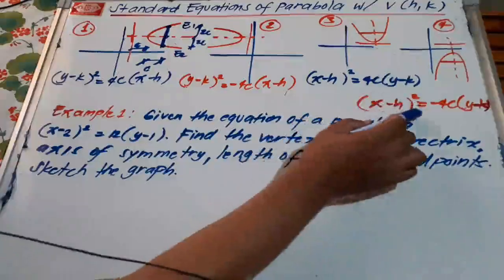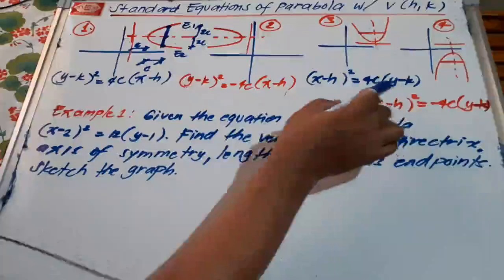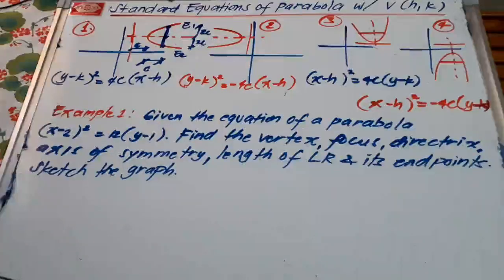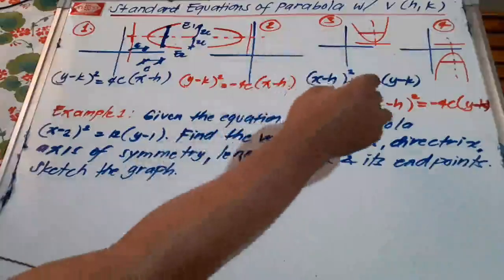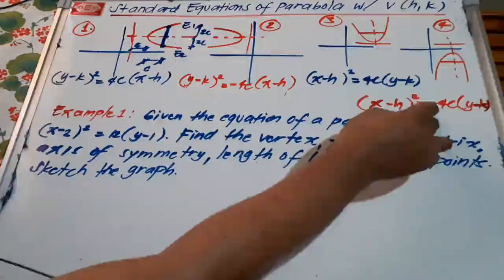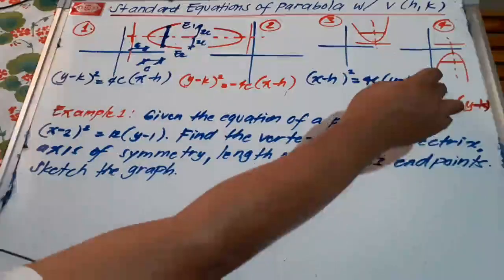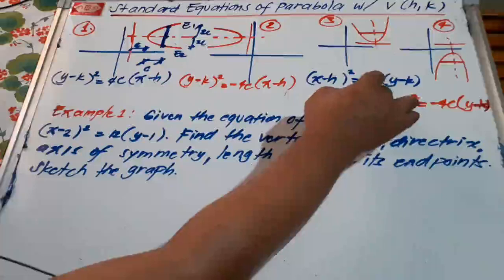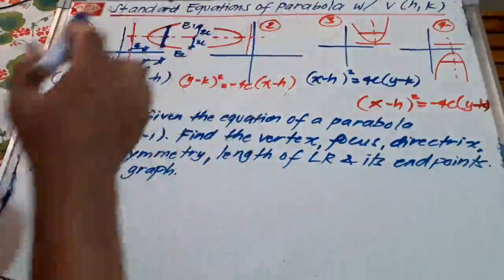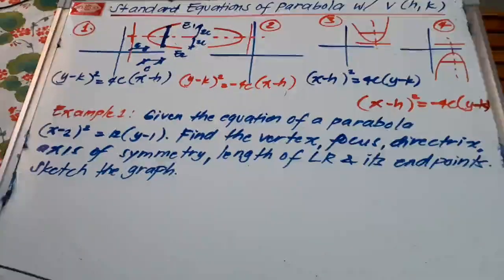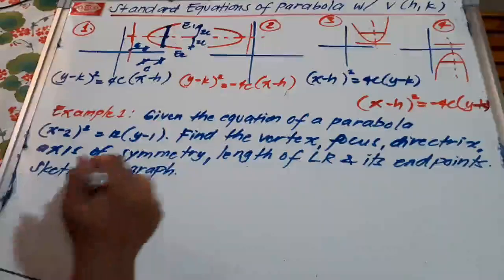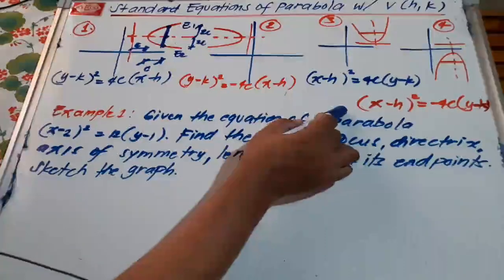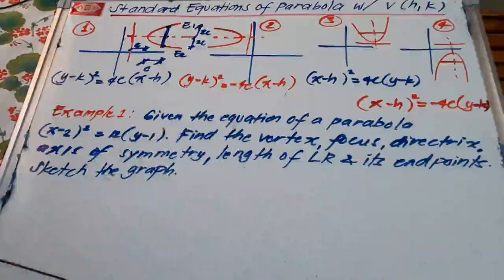The graph of this equation is this parabola, and that parabola opens downward. Parehas din sila, nagkaiba sila sa sign ng 4c. Negative, the graph of this parabola opens downward. Positive on the right side of the equation, the graph of that parabola opens upward. Also, in these two equations, x is quadratic, y is linear.